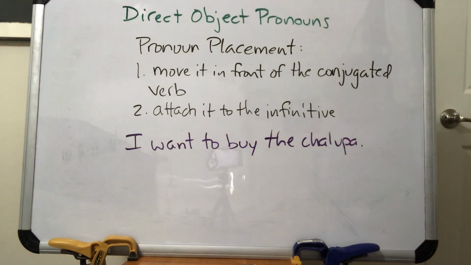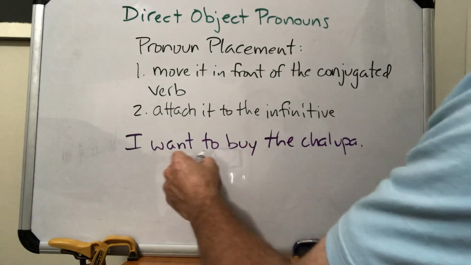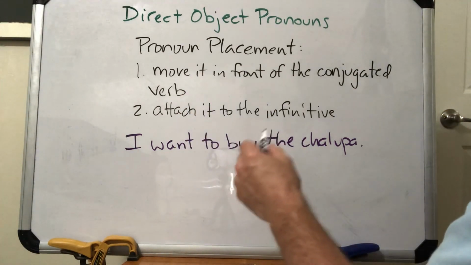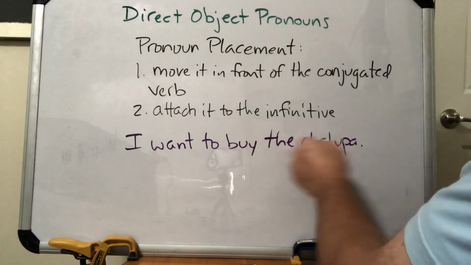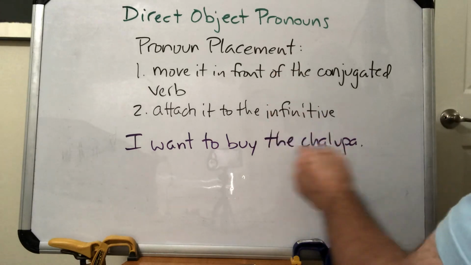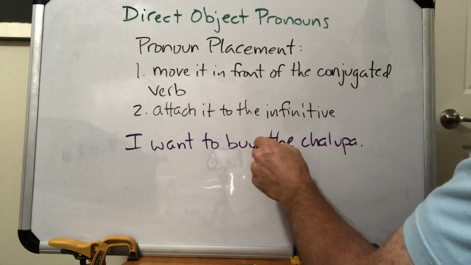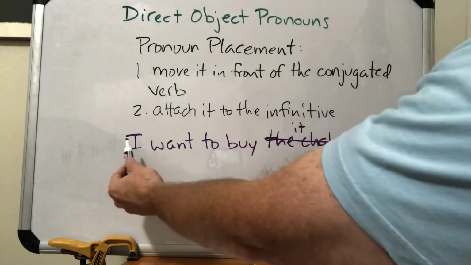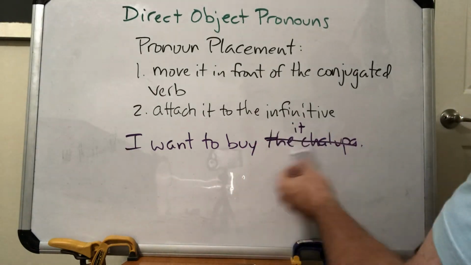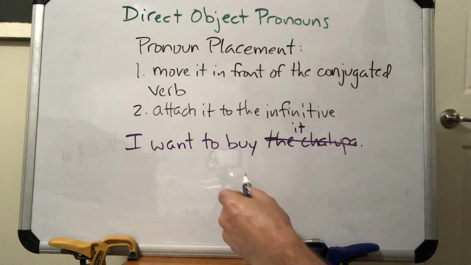Still going with my Taco Bell reference there. Okay, so in English, if we were to change this to it, I want to buy it, meaning we already know, we have already referred to chalupa, we already know that's what we're talking about. So we just leave it in the same place. It stays there. Okay, so let's do this in Spanish.